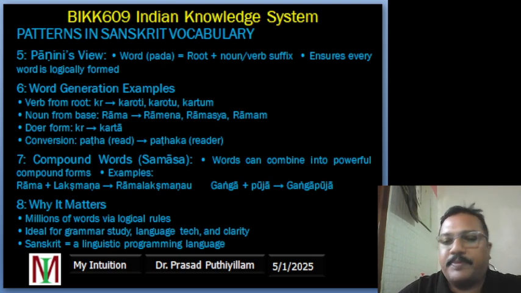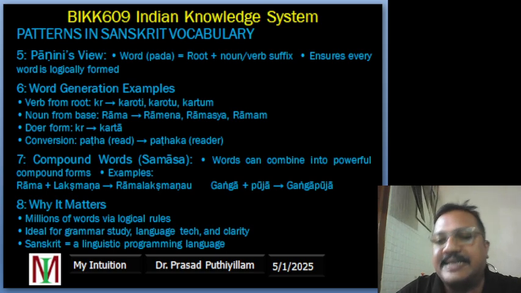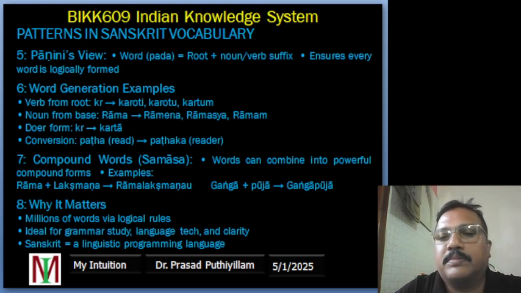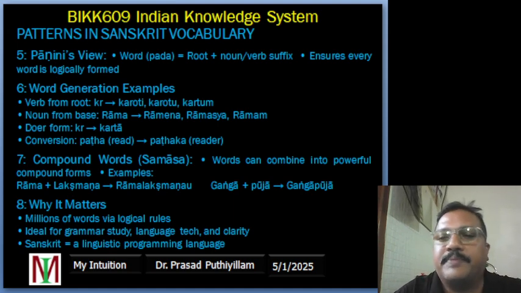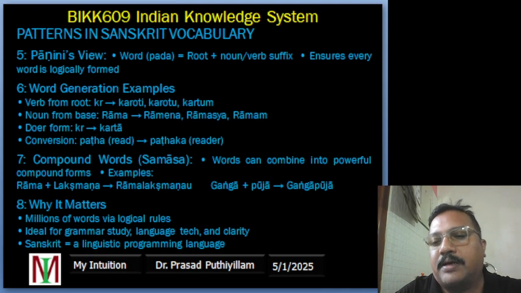These compound words enrich the language without increasing the word count. And why is all this important? Because the regular, rule-based structure of Sanskrit allows the creation of millions of words. It supports accurate grammar learning, and Sanskrit is ideal for computational linguistics and language processing tools.